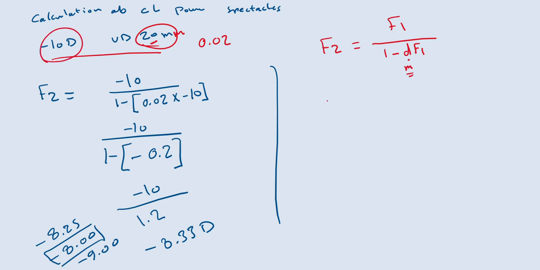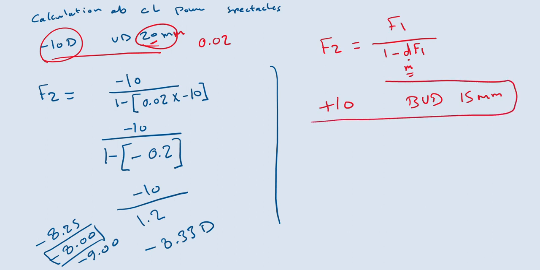So a patient wears spectacles of +10 diopters at a back vertex distance of 15 millimeters, and calculate the contact lens. So this 15 millimeters should be 0.015. Here we use the same rule.